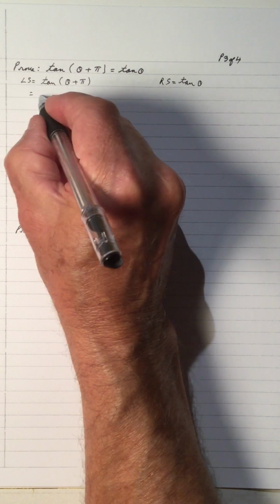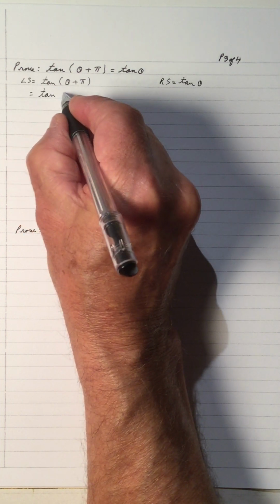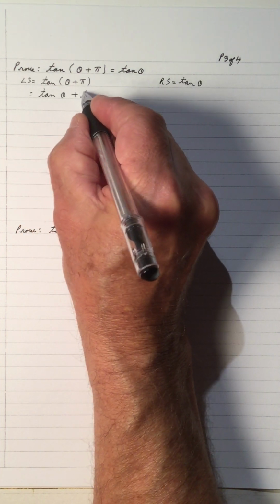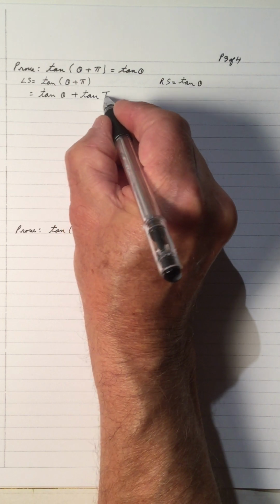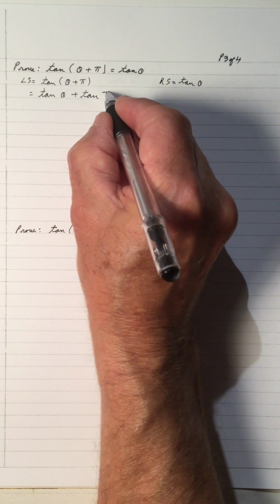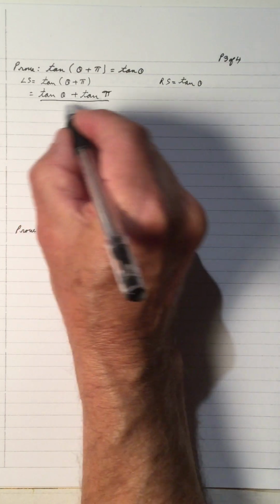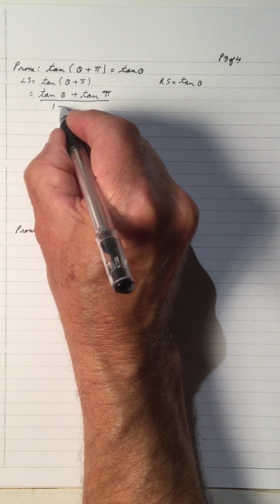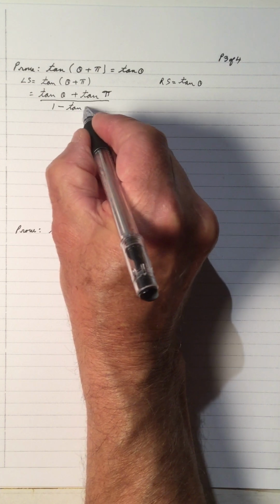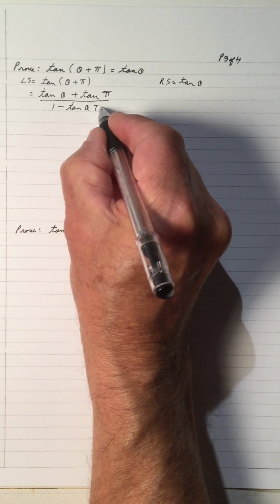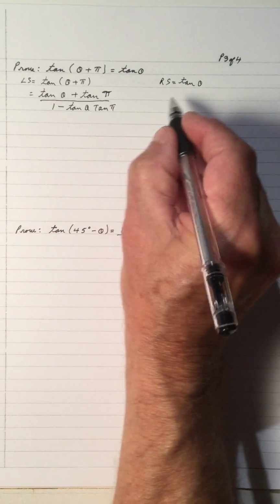We've got an addition formula, so that's tan theta plus tan pi over 1, there's a plus, so this is a minus, the tan of theta tan pi.